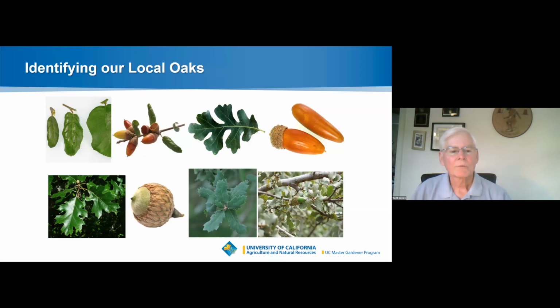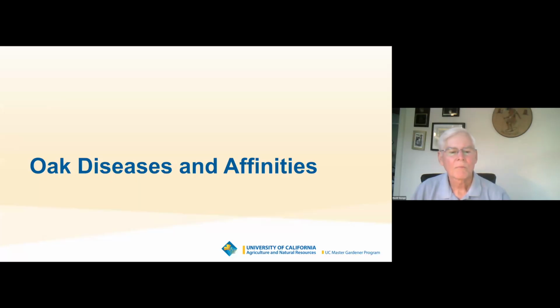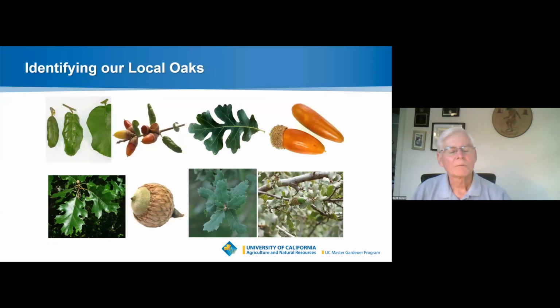In the lower left, we have the black oak leaves. Again, these can go from around 10 inches from tip to tip. And they have very distinctive acorns, round acorns that tend to hide inside of their acorn covering here, their cap, as they call it.